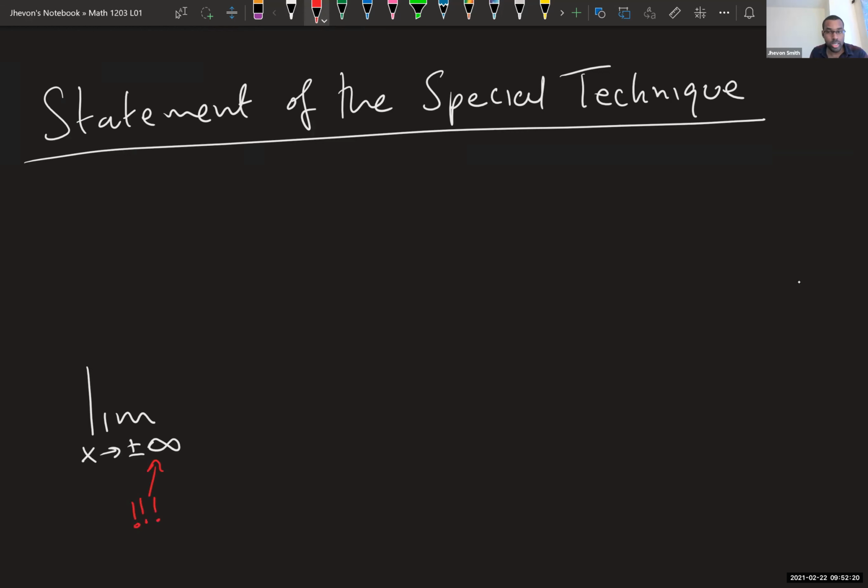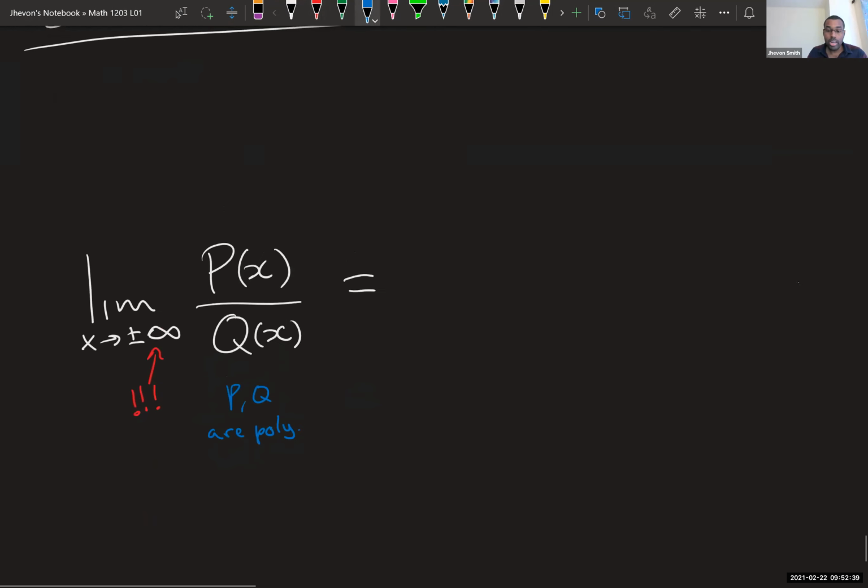What I'm about to tell you does not apply if it's not a limit at infinity of p of x over q of x. So we're looking at a thing of this form where p and q are polynomials. Then it turns out that only one of 3 things is possible, right? And I've illustrated all 3 things in the previous examples.